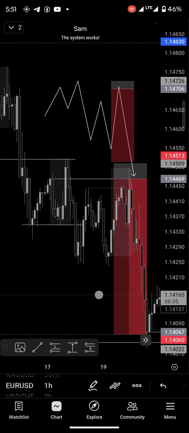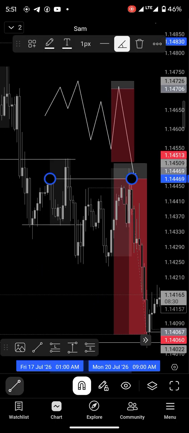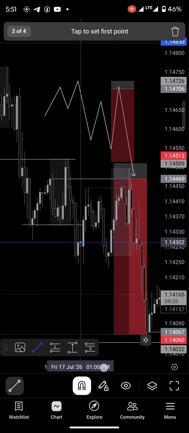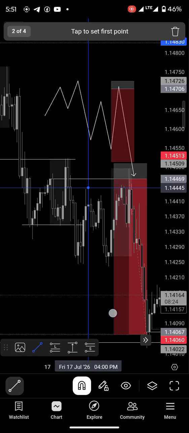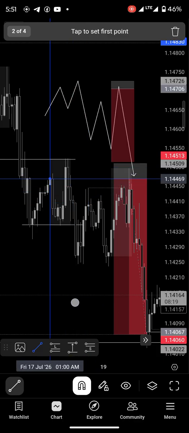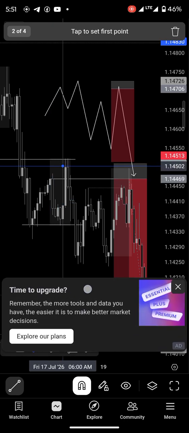And as you can see, that's exactly what price did here. We have a sweep here, price sweeping this high, then we had a break of structure to the downside, and then we had this retracement as our structural liquidity, and this is the closest key level to the liquidity. This is the closest key level to the liquidity, right? See, there's an apex key level here.